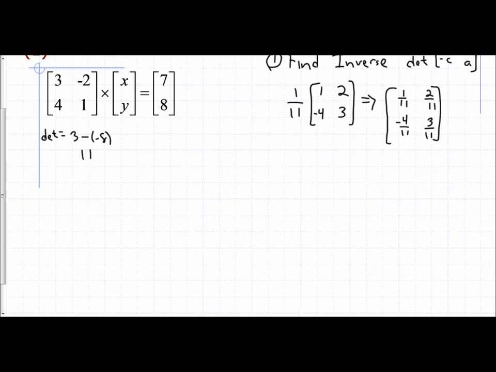So what I'm going to do next is I am going to multiply the right side. So you use front multiplication with the inverse matrix and the solution matrix.